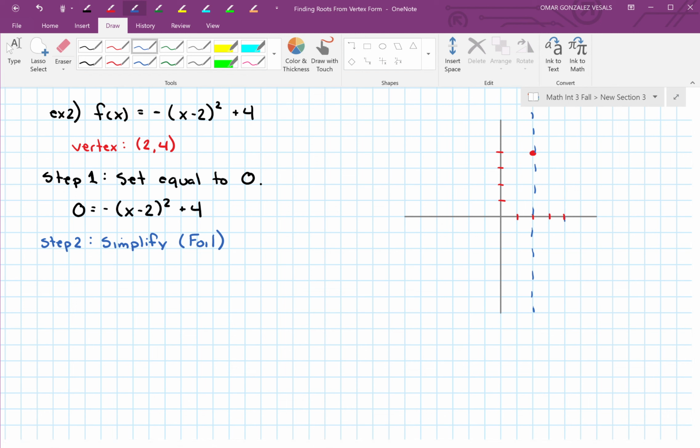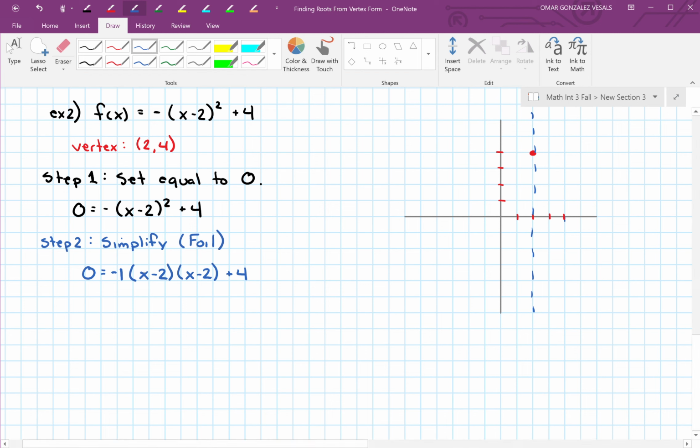All right. So let's go with 0 equals, I have that negative. I'm going to put it as a negative 1 just so I don't forget the negative there. Negative 1 is a lot more visual than just a negative sign. x minus 2 times what? Now look, in this one, I'm not going to write every single step. I'm going to start to do some of these things in my head.